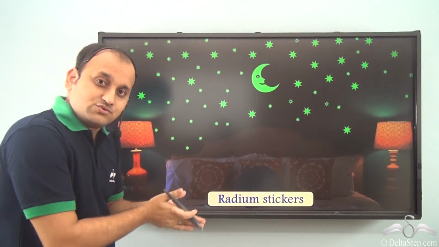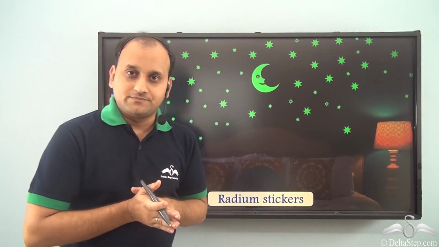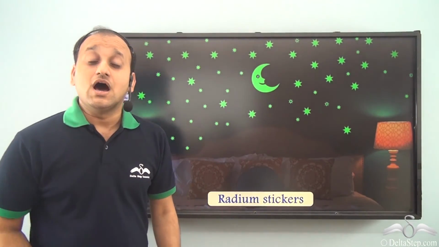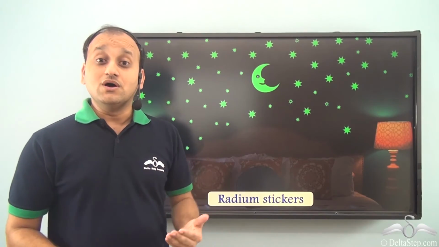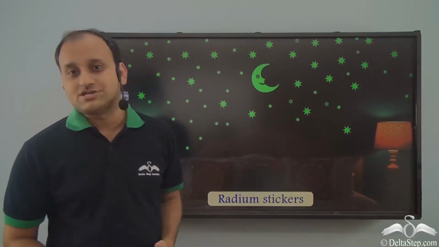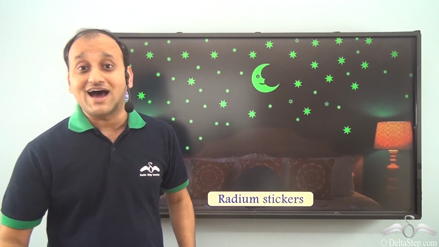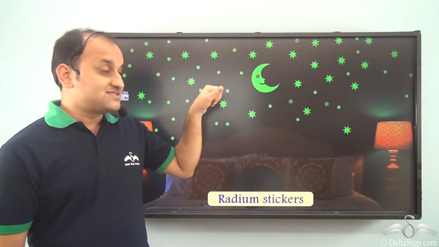Now let's come back to the radium stickers which we were talking about. So what is so special about radium? Well, radium is a radioactive element, so it emits radiation, but the radioactive radiation is not visible to our eyes. So why does it glow?